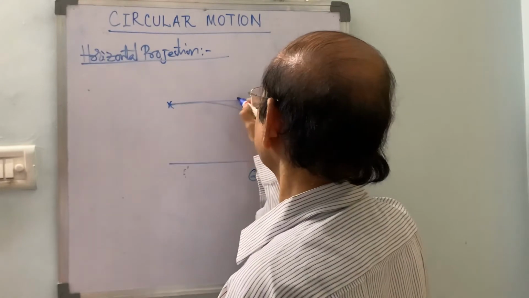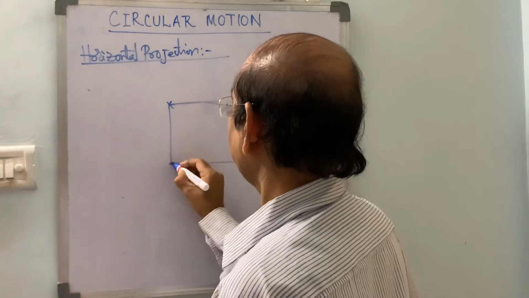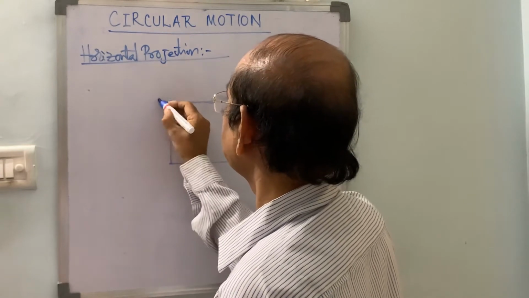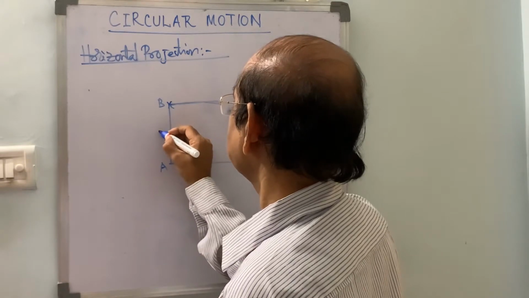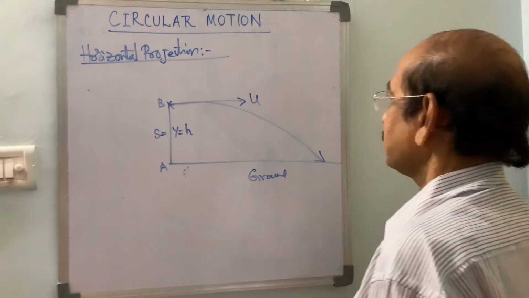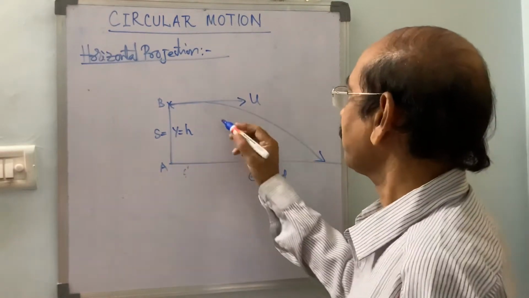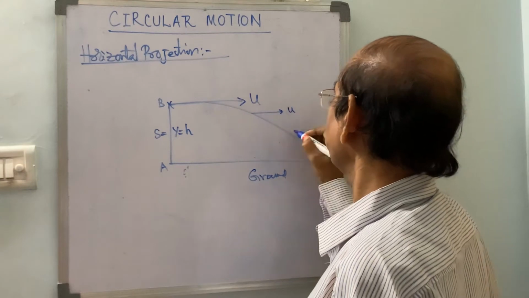Consider a body which is projected with initial velocity from point B, which is at a height h. Then as it moves, it always travels with the same velocity u.